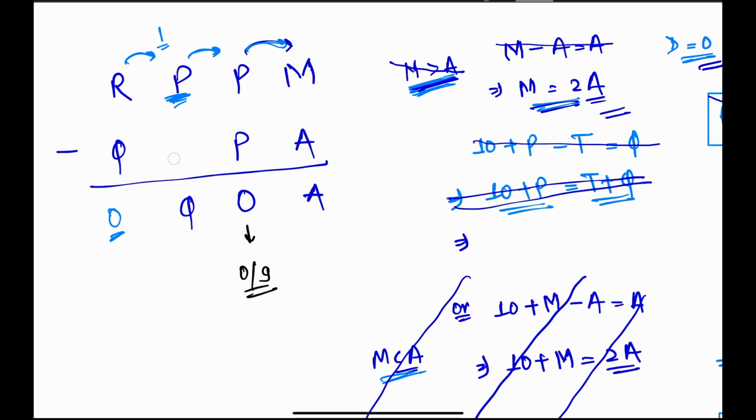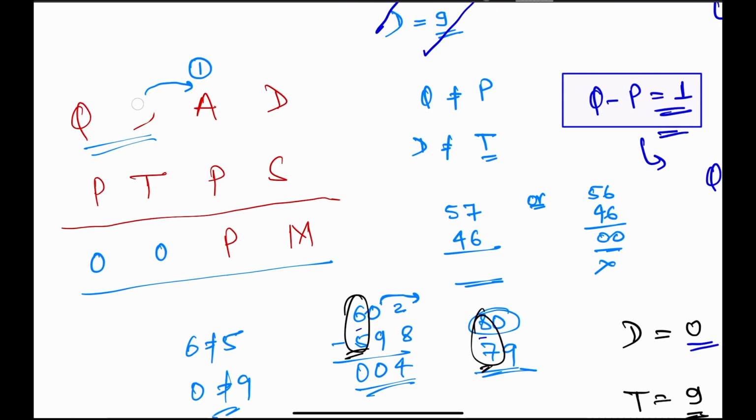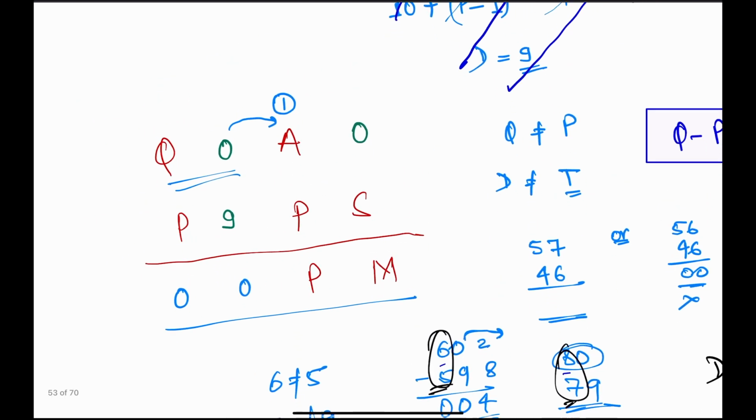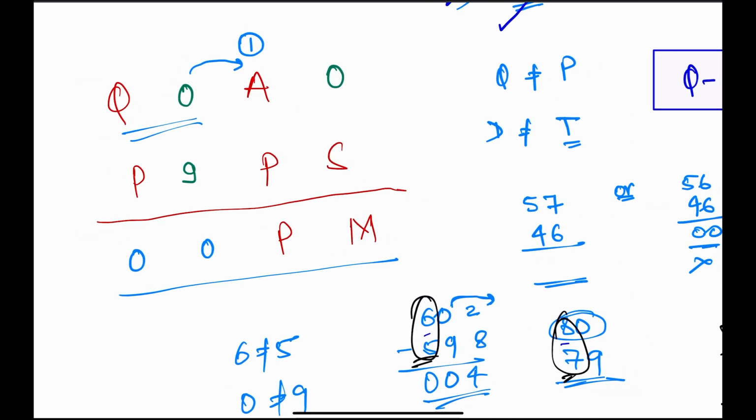Let's change the color so that it will be easy to spot. In this one, D equal to 0, T equal to 9, D equal to 0. Let's see in this equation only. What is happening? 0 minus S, then it's becoming M.